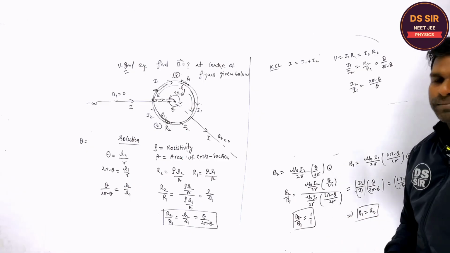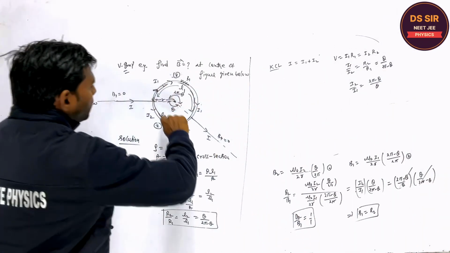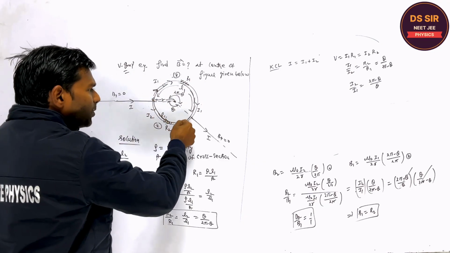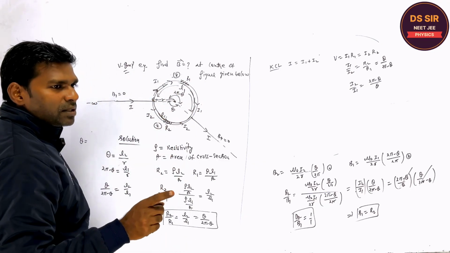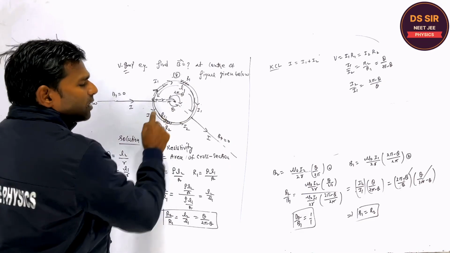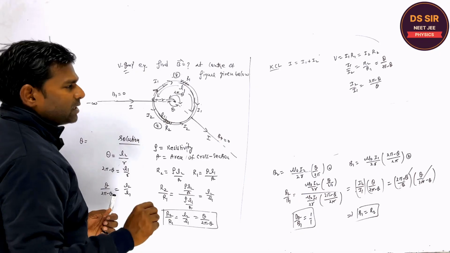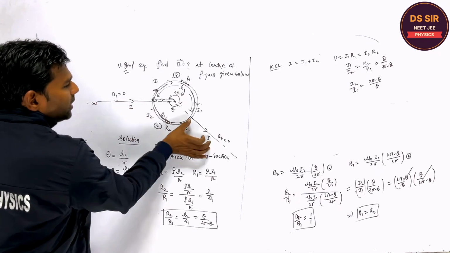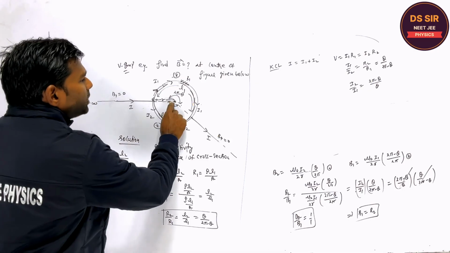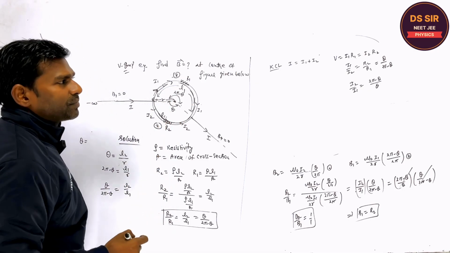It means the magnetic field produced by this part and the magnetic field produced by this part are equal and opposite. So they will cancel each other, and due to this part and this part, the magnetic field is 0. So what is the magnetic field at the center? 0.